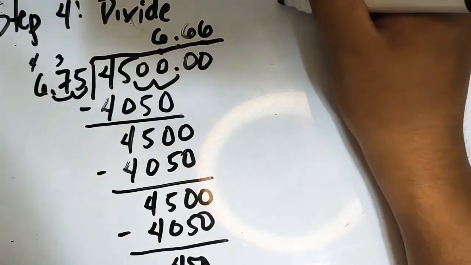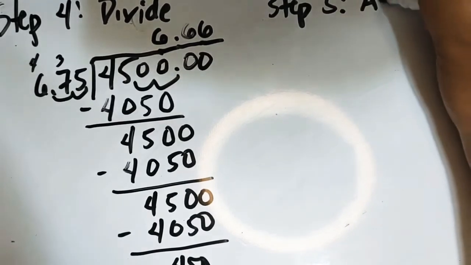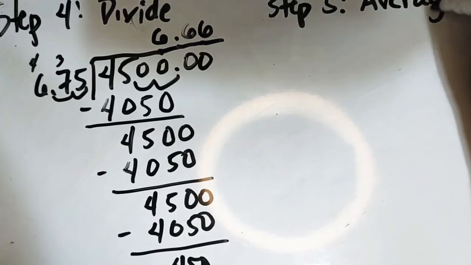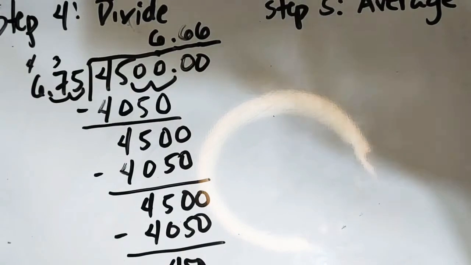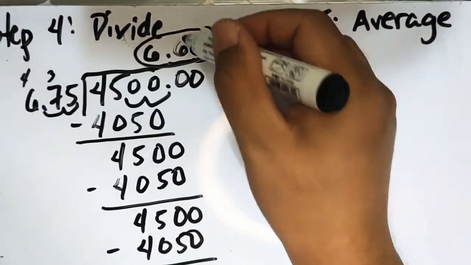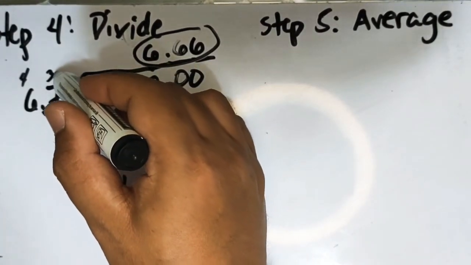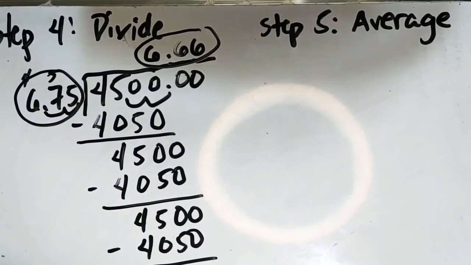So, we will now move on to step 5, which is, we will get the average. We will get the average of 6.66 and 6.75. Okay?